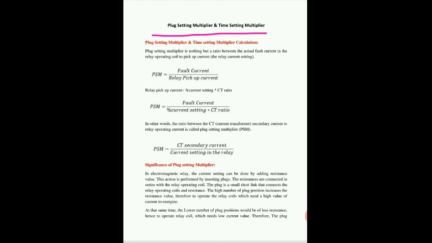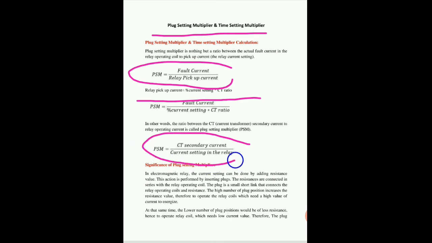Now a quick review of the concepts that we have studied here: what is plug setting multiplier and time setting multiplier. Plug setting multiplier means the ratio of fault current to the relay pickup current. To find the relay pickup current we have another formula: percent current setting into CT ratio.